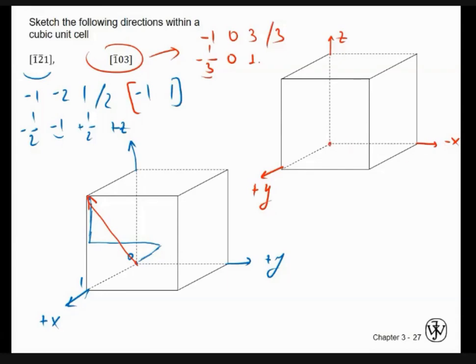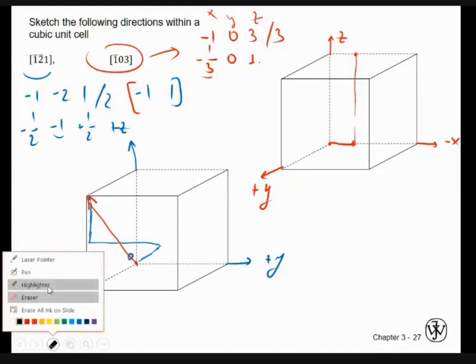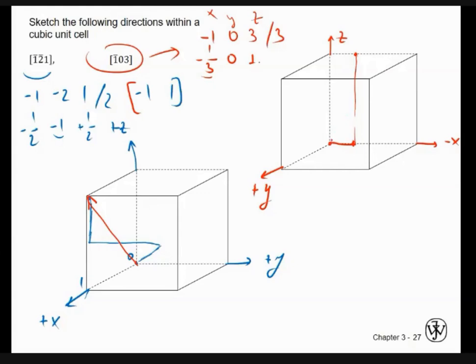I am here at the origin. The 1 over 3 part, I guess, will be this. So I am here. 0 in the y direction, so I will not move. 1 in the positive z direction. Now I will connect start with end, and that's our vector.